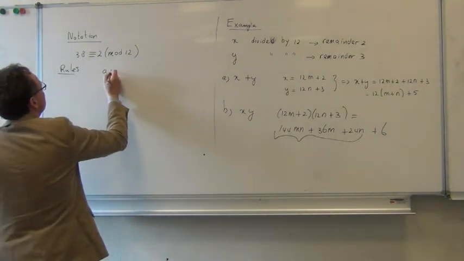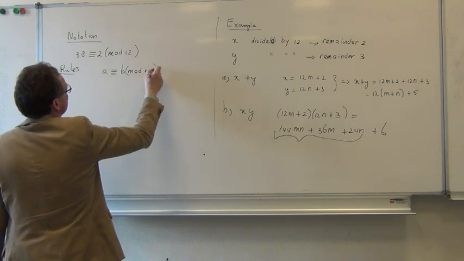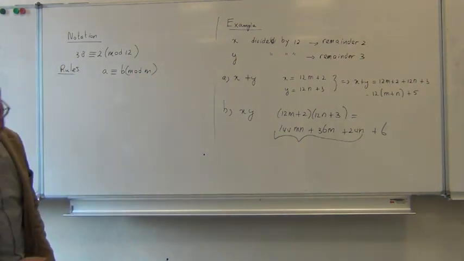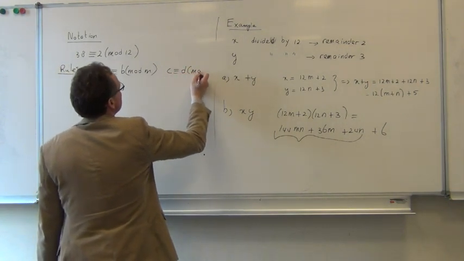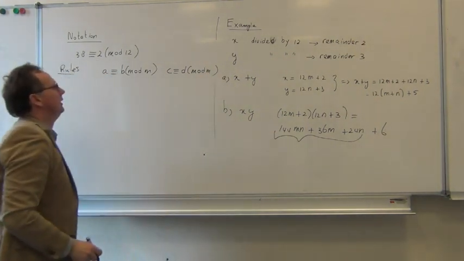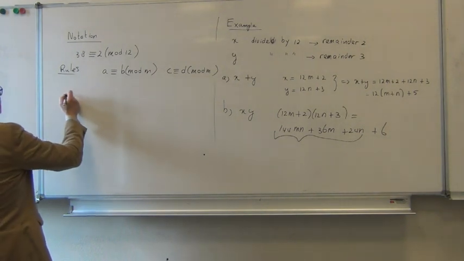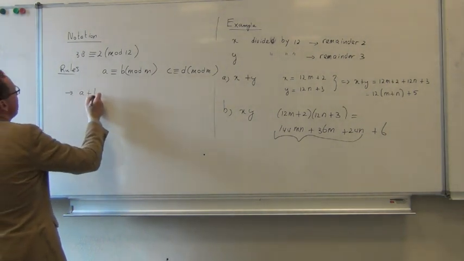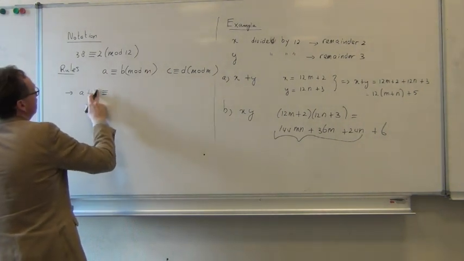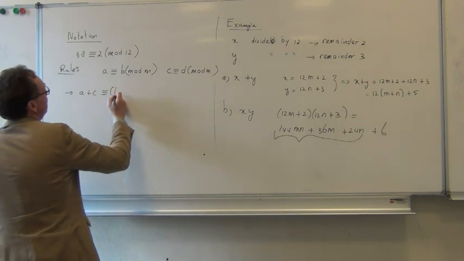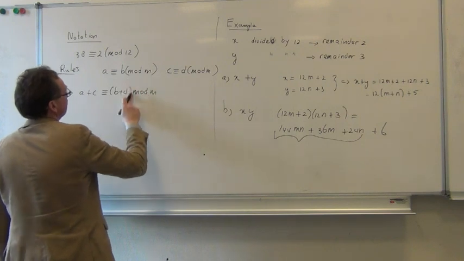And it says if a is congruent to b modulo m, so we're talking about modulo m there, and c is congruent to d modulo m, then as we also discussed in the example, if you add up, a plus c will be congruent to b plus d modulo m.